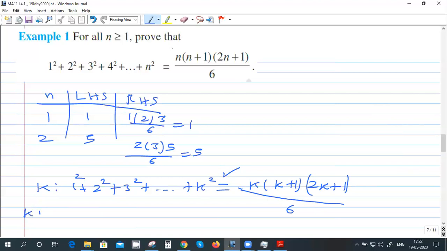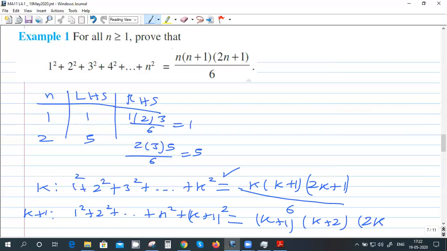Now for k plus 1, the sum is 1 square plus 2 square, and so on up to k square plus k plus 1 square. This should be equal to k plus 1 into k plus 2 into 2k plus 3 divided by 6.